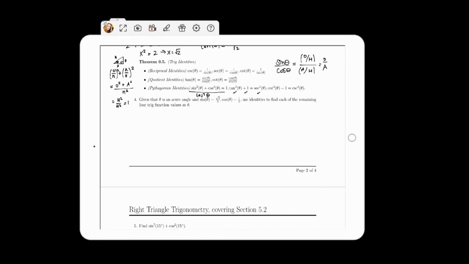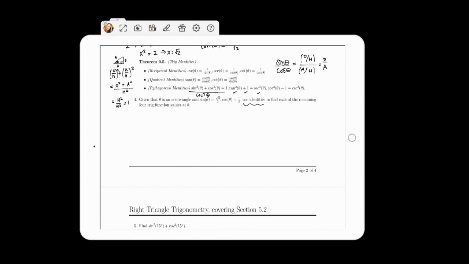Okay, so let's see a few examples of how we're going to apply all this. So in problem 4, we're given that theta is an acute angle, and the sine of theta is √3/2. The cosine of theta is 1/2. We're going to use identities, not a right triangle this time, to find each of the remaining 4 trig functions' values at theta.